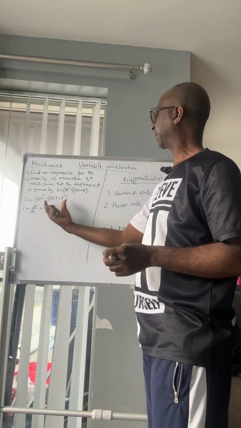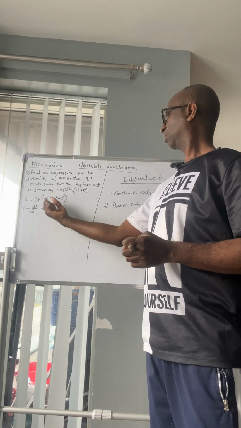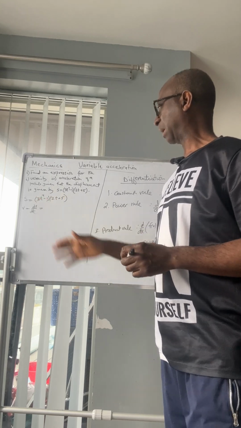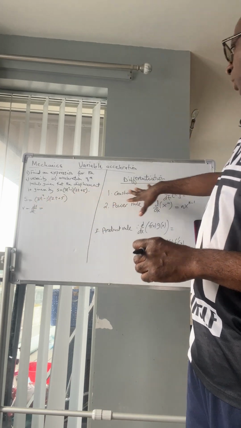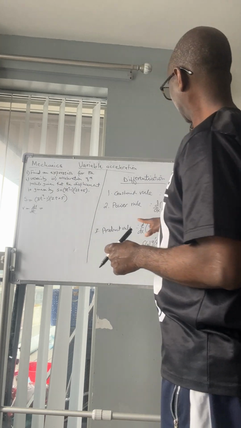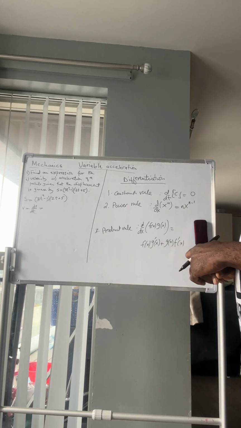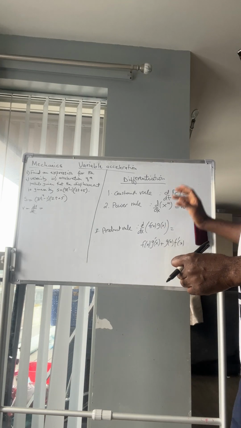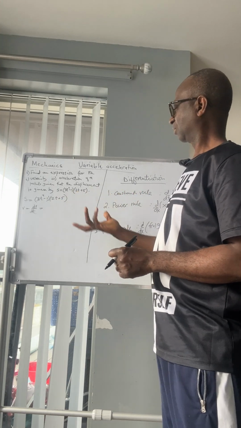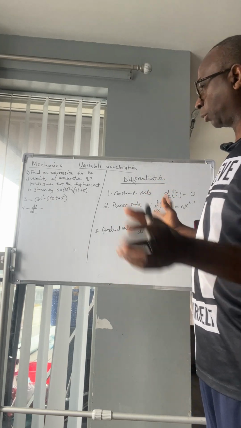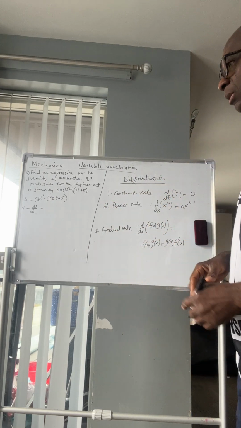One, you can distribute this product by multiplying everything, and you get a polynomial. Or you can directly apply the product rule. Let's see by distributing this function first, and then later I'll apply the product rule. Both of them give you the same answer, but one is time consuming.